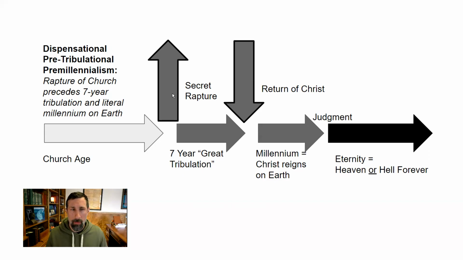I don't think that the rapture could possibly be secret based on my reading of, for instance, the parousia of Christ, the return of Christ, which term literally indicates a great return of a conquering king or military victor to his city, in which there's great pomp and splendor and circumstance regarding his return.